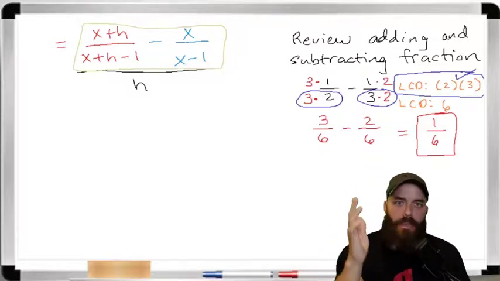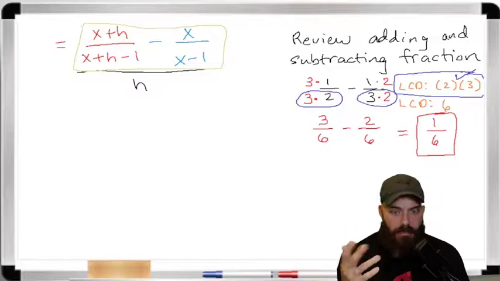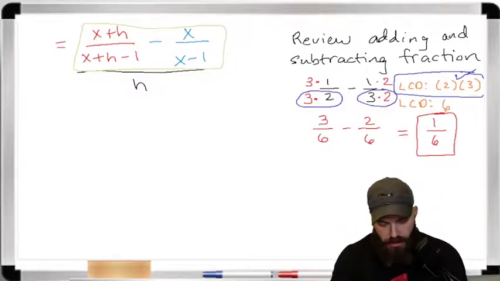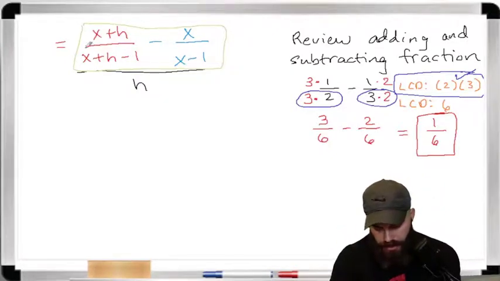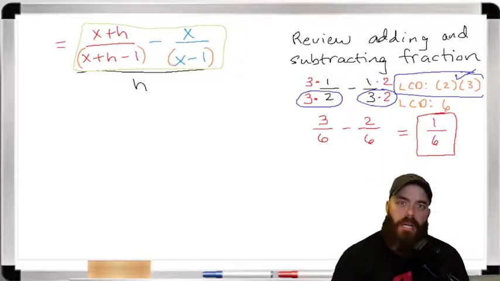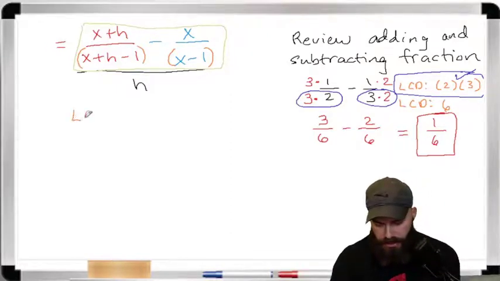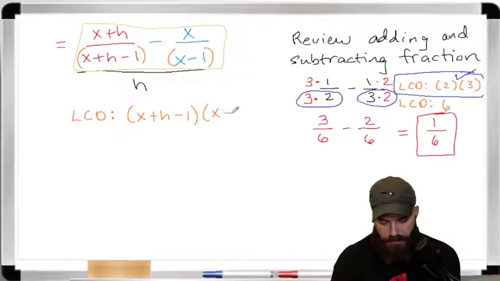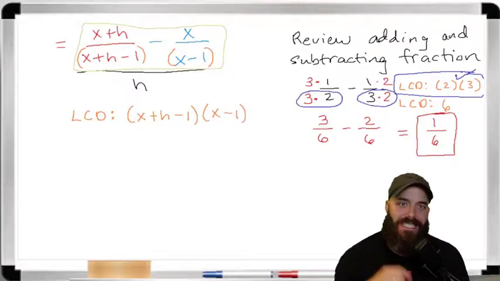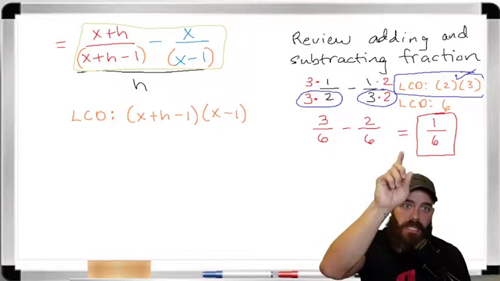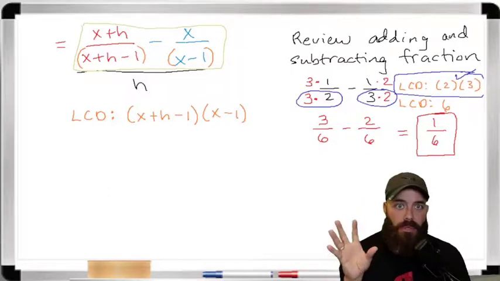What we need to do is have a common denominator, and this is a factor and this is a factor, so those two must be factors of the common denominator. The LCD here is simply going to be x plus h minus 1 times x minus 1. It's very similar to how we determined the LCD in the previous problem where we reviewed.